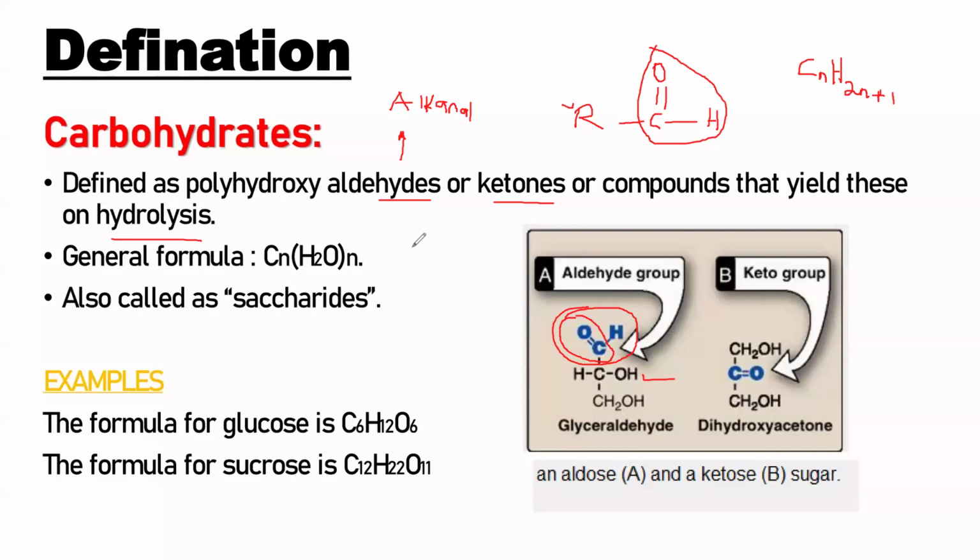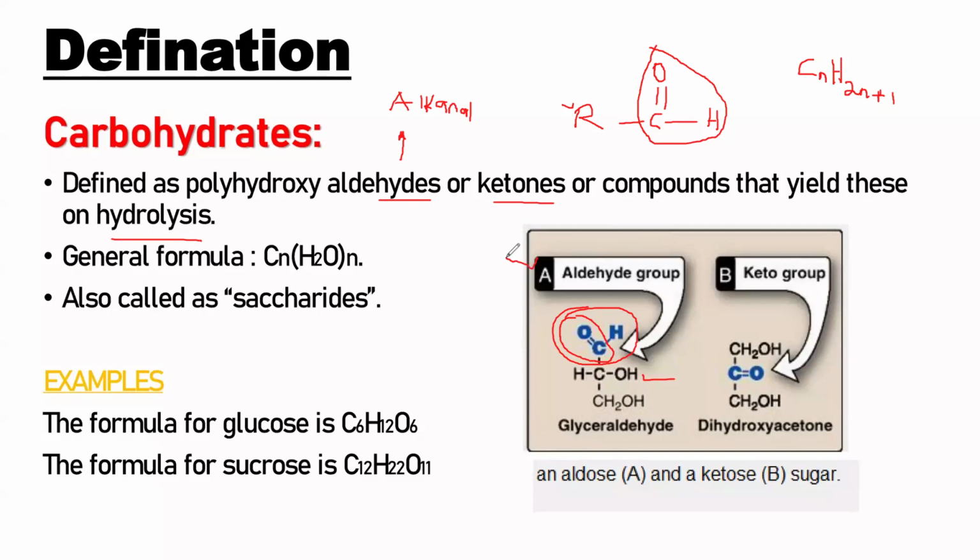So it means that an aldehyde functional group bearing many OH groups is considered a carbohydrate. Look at it in this case, you have an aldehyde functional group having two OH groups. So it has polyhydroxy, that is, poly OH groups. So that is why this A is considered a carbohydrate.